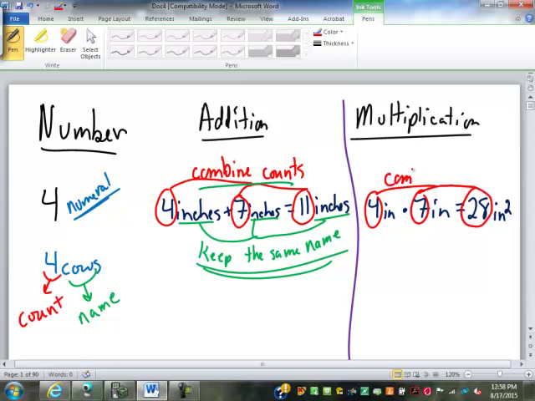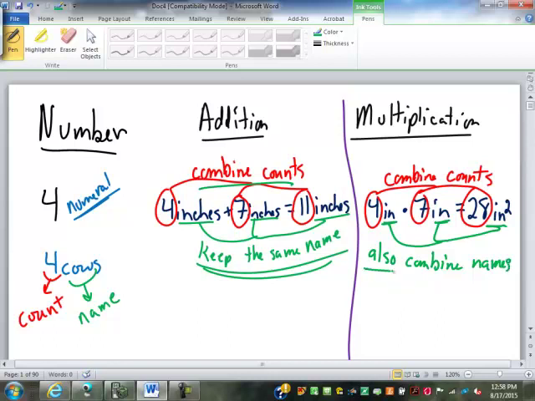So we still combine the counts. It's just this time we combine them with multiplication instead of addition, because that's the operation we're using. But the significant difference comes in the names. What happened with the names? We had inches and inches, and we got inches squared. When we multiply, we also combine the names.